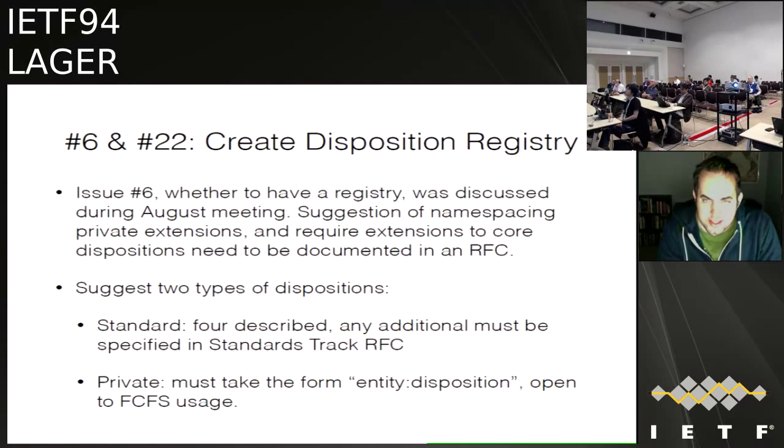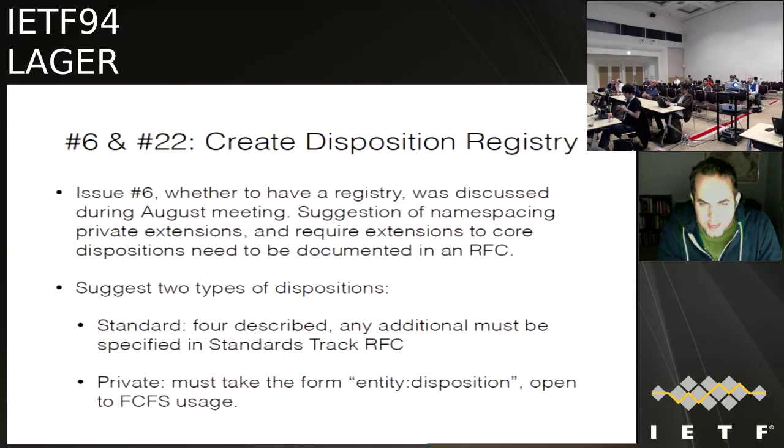In our last meeting, we discussed whether that should be an IANA registry. This would allow for some extensibility, such that if someone wanted to define a new disposition, it could be added with a subsequent specification, and an IANA registry would facilitate that, make that more straightforward. So the feedback was that this seemed to be something we wanted to do.